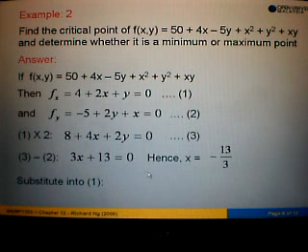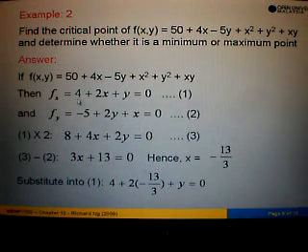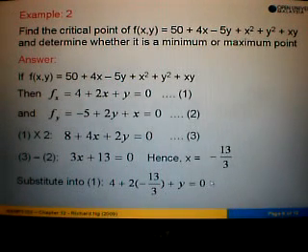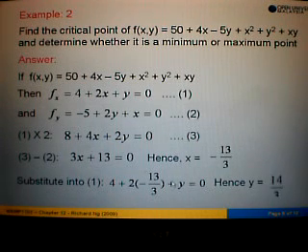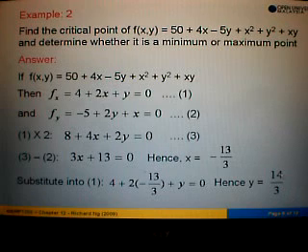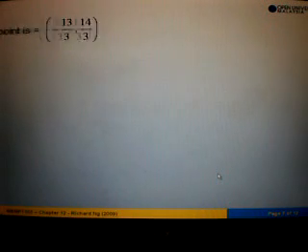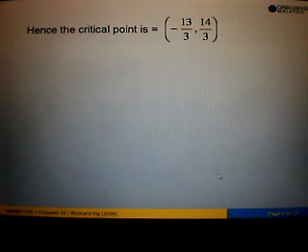Then we substitute x equals negative 13 over 3 into equation 1 in order to find y. We have 4 plus 2x, x is negative 13 over 3, plus y equals 0. When we simplify, the value of y will be 14 over 3. Therefore, the critical point is negative 13 over 3 and 14 over 3.